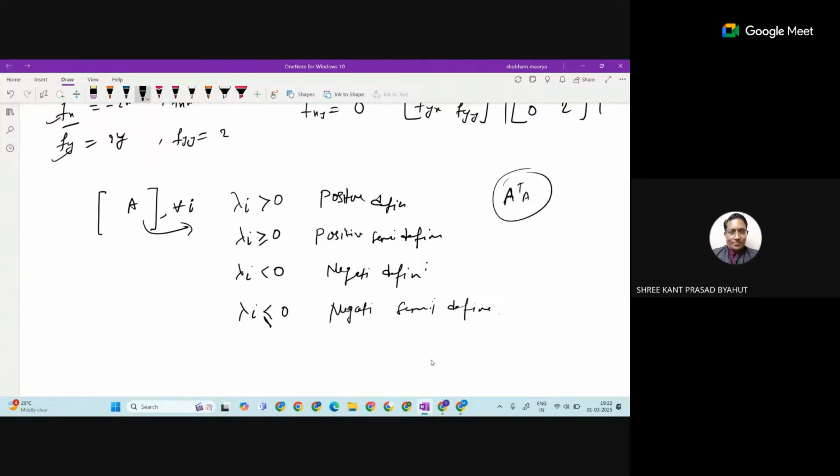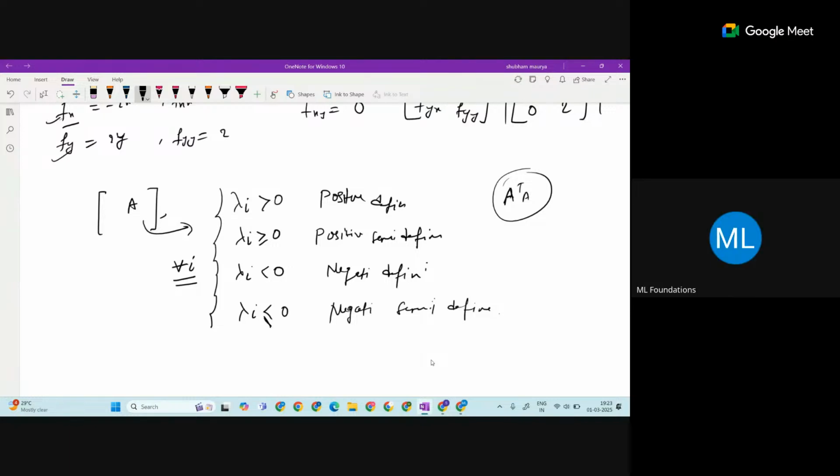The eigenvalues are the same, right? If all, then it will be. This is actually explaining everything for all lambda i.